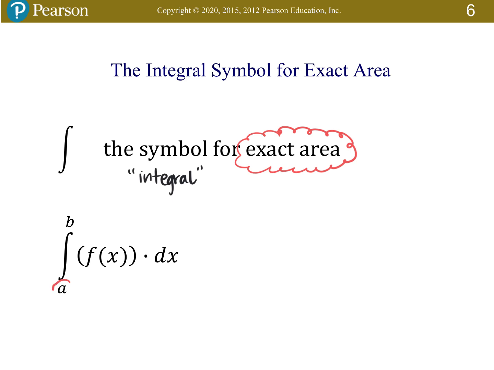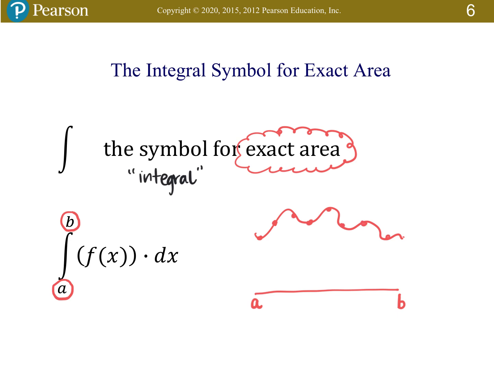And the integral has different pieces that are attached to it. You always attach a lower value of a, and that tells you where to start. And so you'll be starting, okay, I'm starting at A, wherever I'm starting. B tells you where you're ending, so that gives you the interval. F of x gives you the function that you're going to be working with, all the data points scattered evenly around your function.